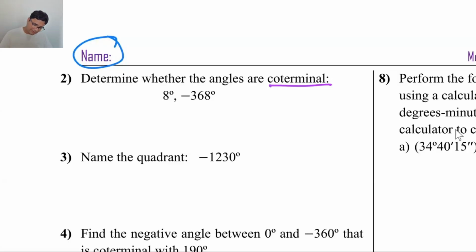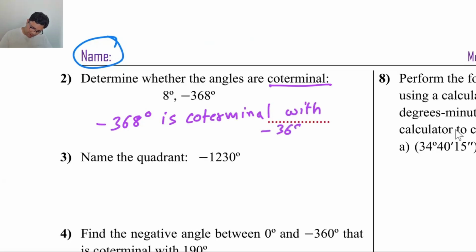So let's say I take that minus 368 degrees. Is it coterminal with 8 degrees? I will take that minus 368 degrees and add 360 degrees to it, right? I'm trying to see if I can get to that 8 degrees.